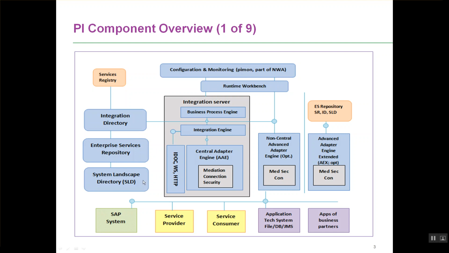So the SLD, or System Landscape Directory, is a component of PI that tells PI what all the systems are in the customer's landscape. When we talk about systems, it could be your ECC system, it could be a third-party system, it could be your SAP portal system, it could be a cloud system like SuccessFactors.